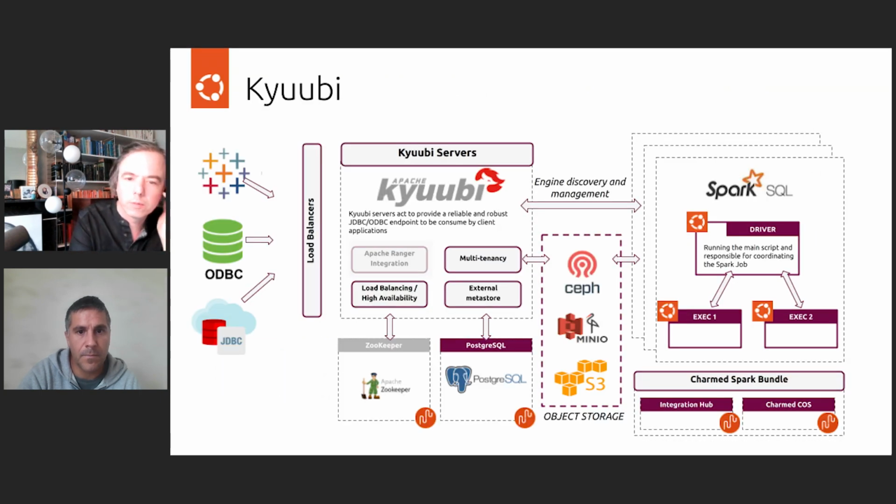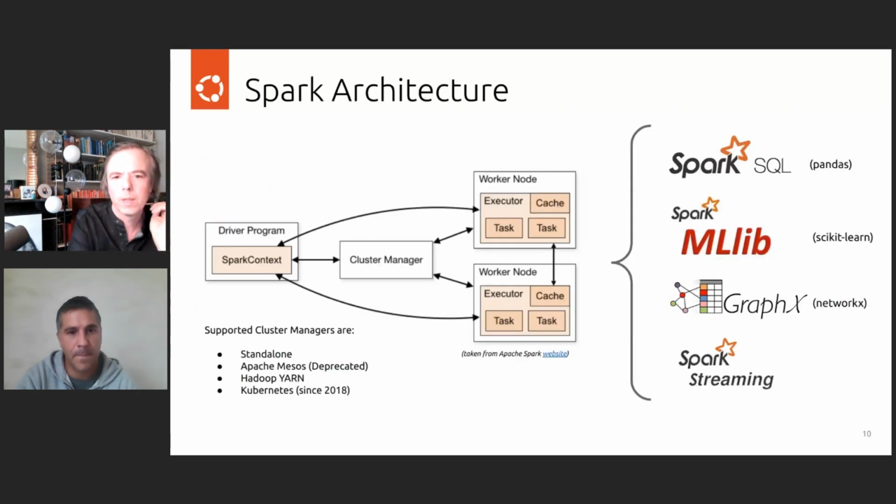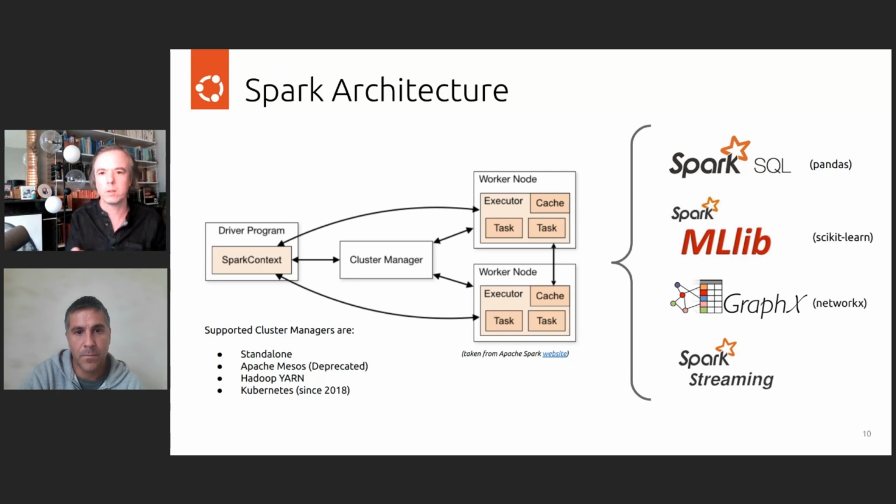So the architecture itself, sorry, if you go back a slide, please, Enrico. The architecture of Spark is that it has a driver application, which is the coordinator of the job that you've written, and that driver application will coordinate and assign work to executors.